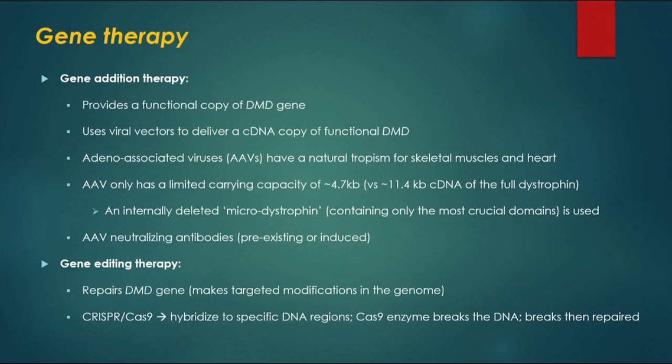So they bind to the DNA, some of the exons of the DNA, and then it carries Cas9, which is the CRISPR-associated protein 9, and that cuts the DNA at that level, and then the DNA repairs by itself, leading to recombination, and there is a chance that the defect will be corrected by that. So that approach is under study, and it's very attractive as well.